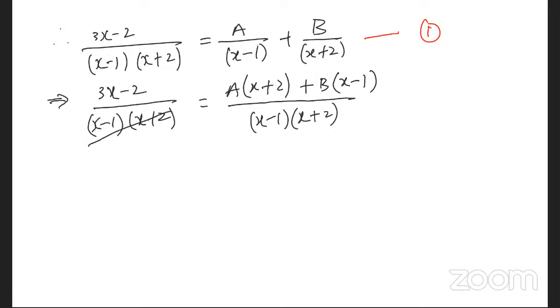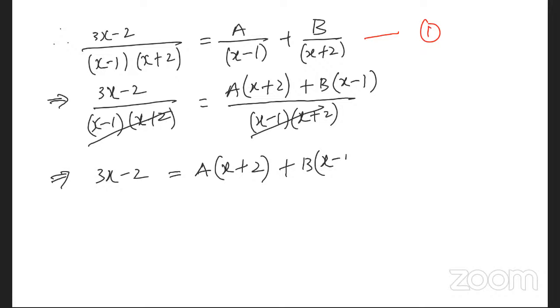The denominators will get cancelled. So 3x minus 2 is equal to A into (x plus 2) plus B into (x minus 1). We'll consider this as equation 2.